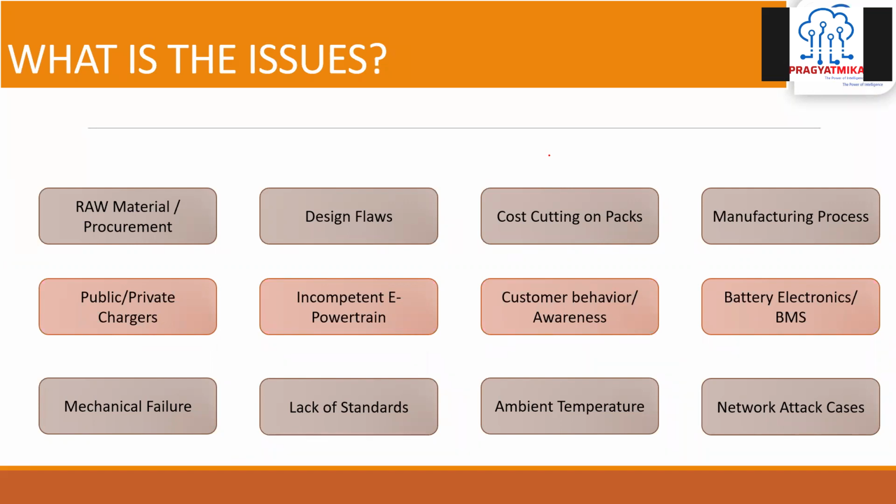Such rigidness is in the BMS, and that BMS fails many times based on the current and temperature conditions. At that time, if the powertrain starts drawing higher current from the pack, that will heat your pack in a moment. Such kinds of problems are also issues.